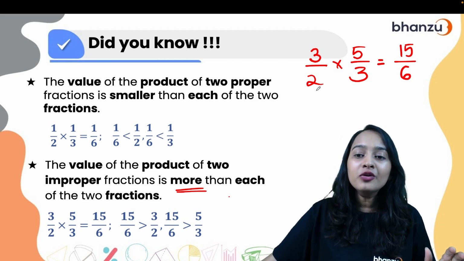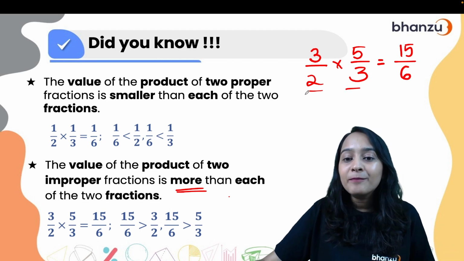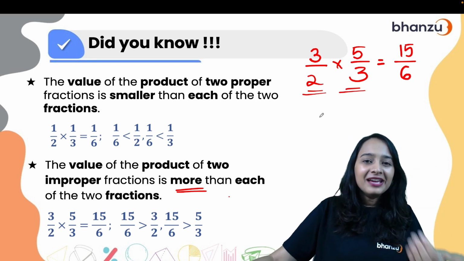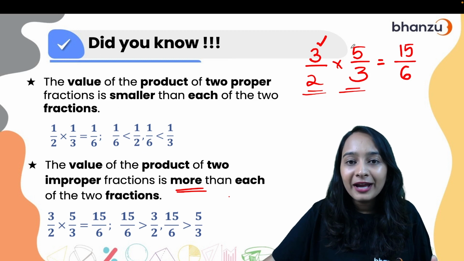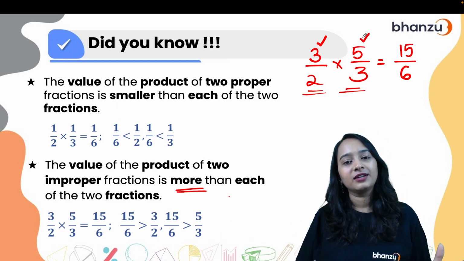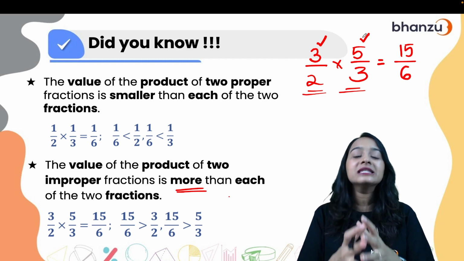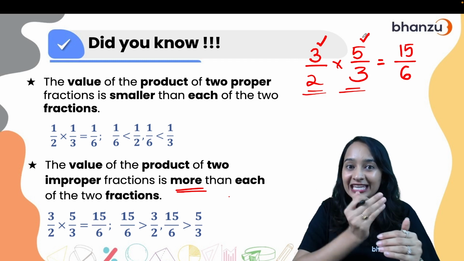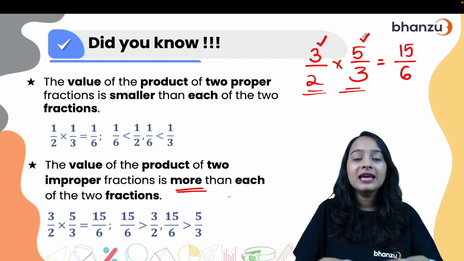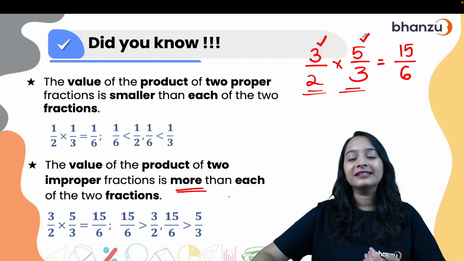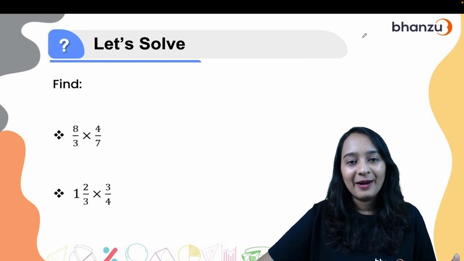The value of the product of these two improper fractions, that is 15 by 6, is always greater than 3 by 2 and 5 by 3. So please remember, the product of two proper fractions is always less than each of those numbers, and the product of two improper fractions is always greater than each of those two numbers.